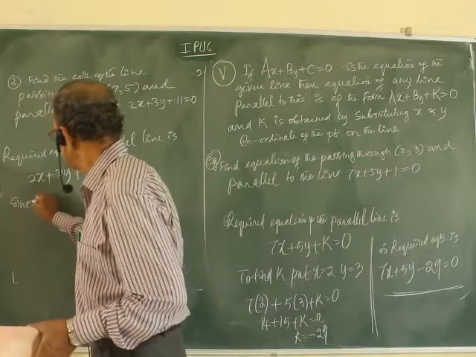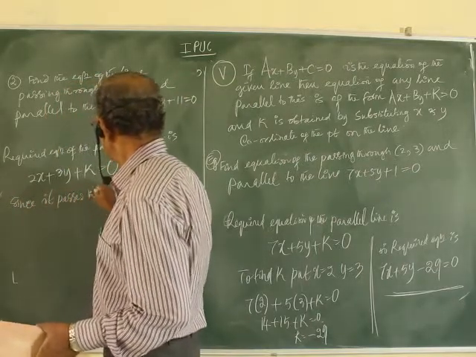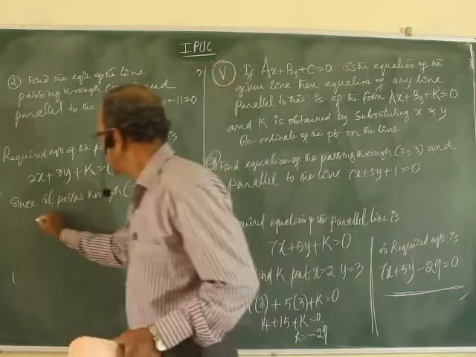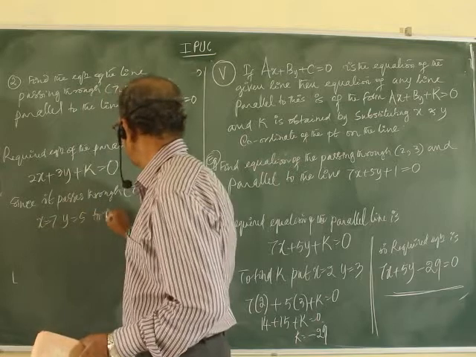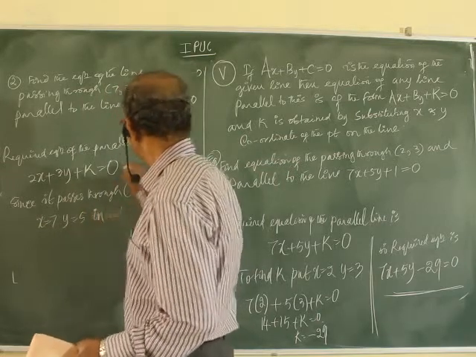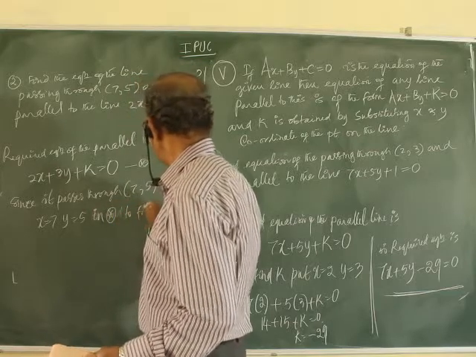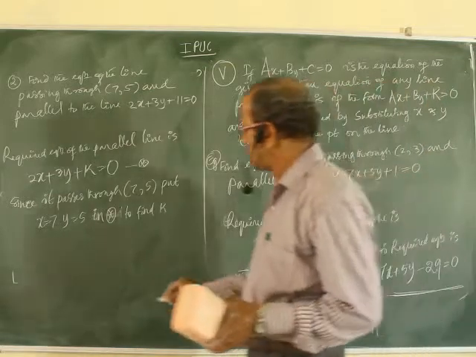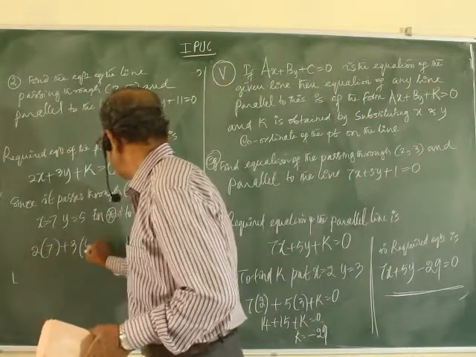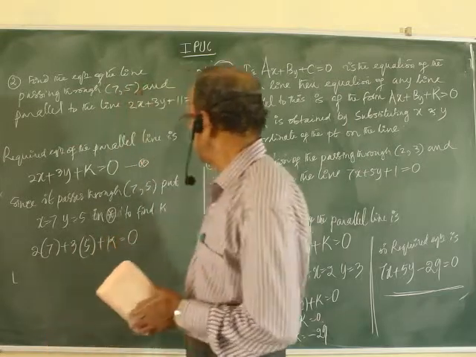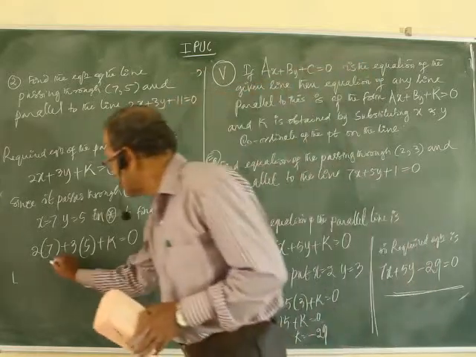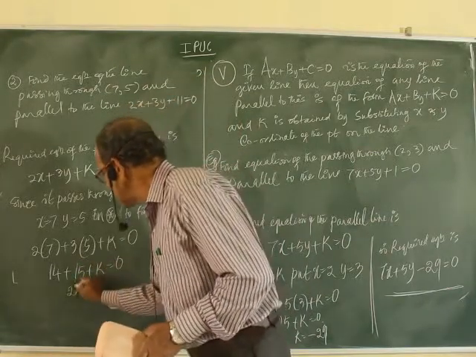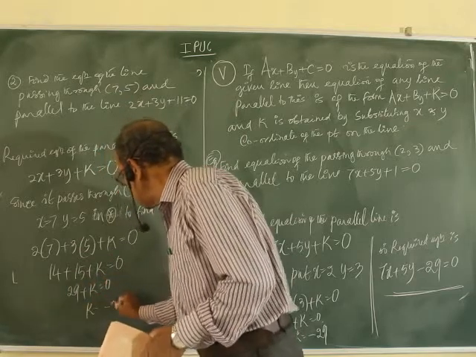Since it passes through 7, 5, put x = 7, y = 5 to find k. 2 into 7 plus 3 into 5 plus k = 0. 14 + 15, same value we are getting, 29 + k = 0. k = -29.